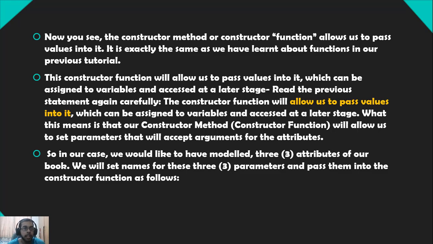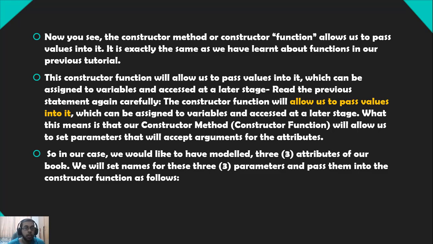This constructor function will allow us to pass values into it, which can be assigned to variables and accessed at a later stage. Read the previous statement again carefully. What this means is that our constructor method or constructor function will allow us to set parameters that will accept arguments for the attributes.